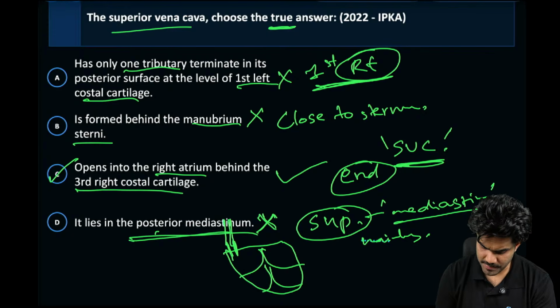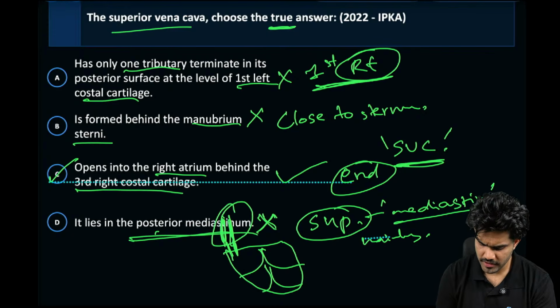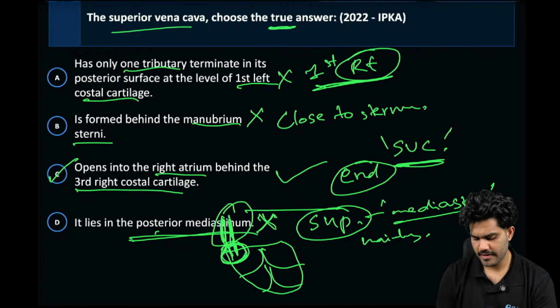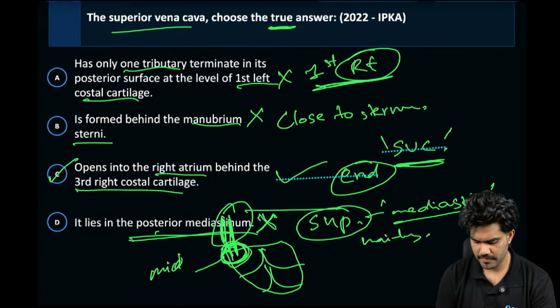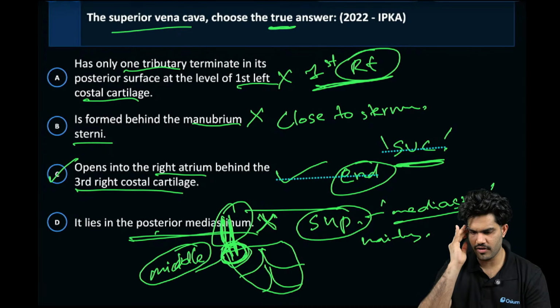The part of the superior vena cava in the superior mediastinum, and the one embedded in the right atrium will be in the middle mediastinum. Just think with common sense.